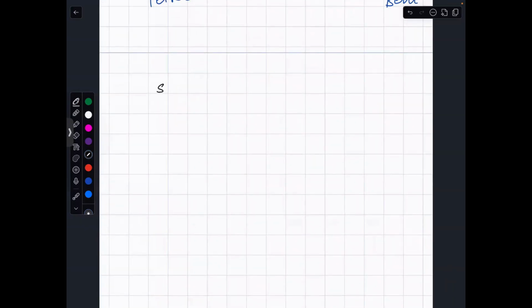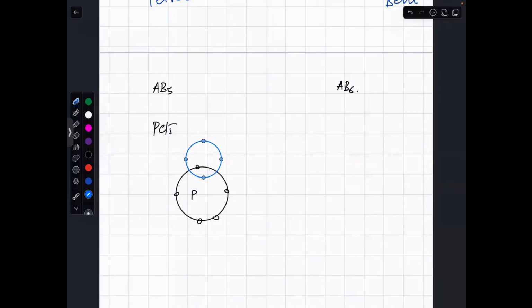Now, the last 2 things, which are very, very easy, are SF6, like the AB5 situation and the AB6. And they're, I think, quite obvious. Like if it's PCl5, blindly go for trigonal bipyramidal. Phosphorus is in group 5. It can make 5 bonds because it can accommodate more than 8 electrons.